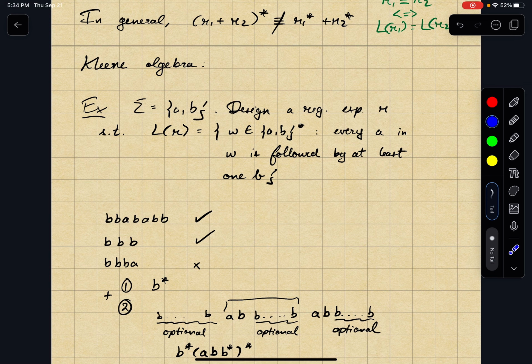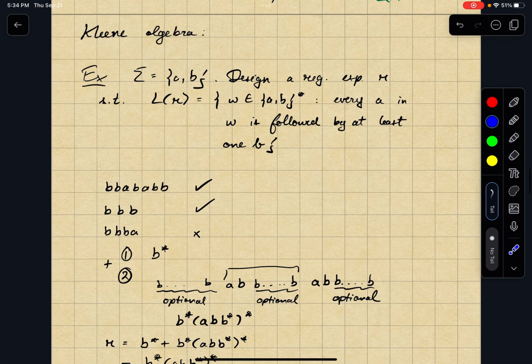Because this is an implication, if the premise of that implication is false, meaning that I don't have any A's, then the whole implication is still true. And so that's why BBB would still satisfy this definition and therefore should match the regular expression. But an example of a string which shouldn't match is something like BBBA, because now I do have an A, but it's not followed by a B.